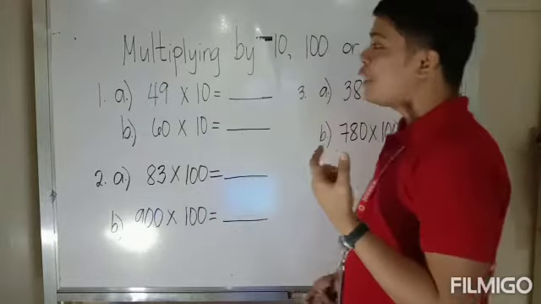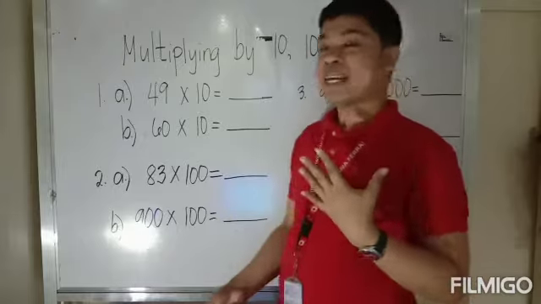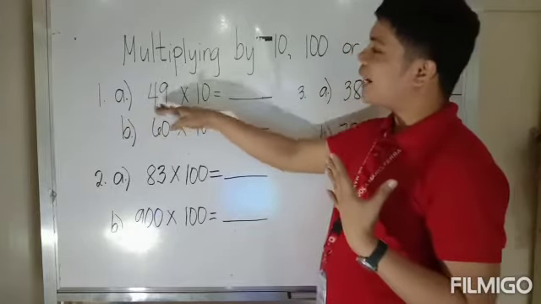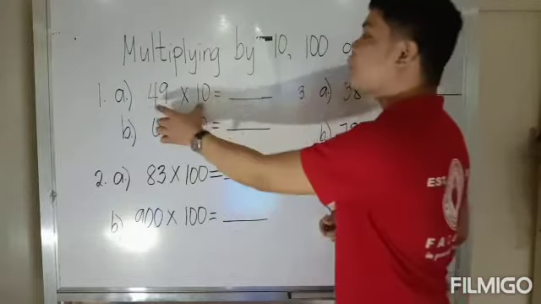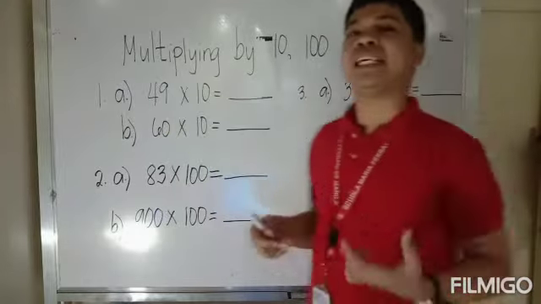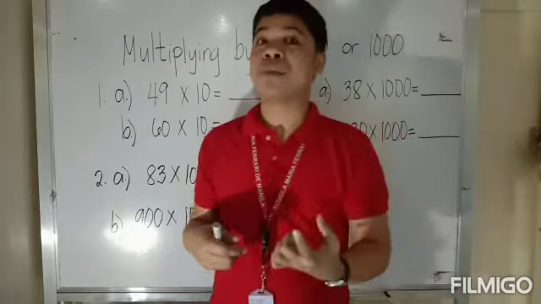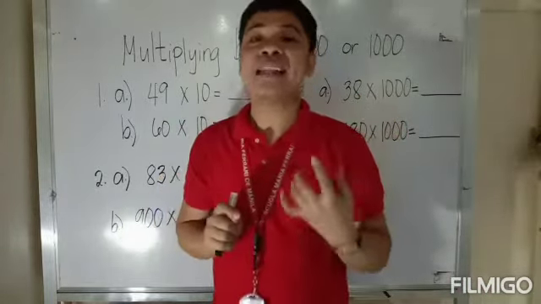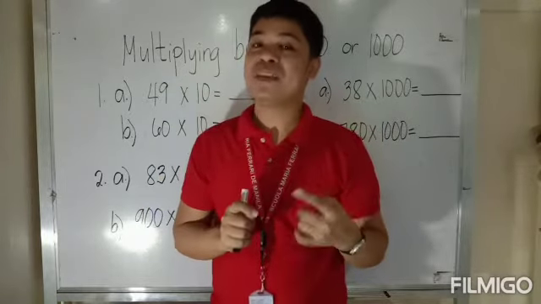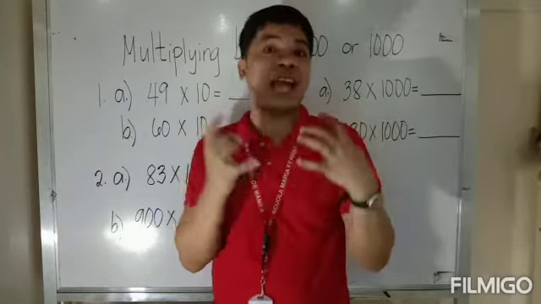Okay, so the first one that we'll solve is 49 times 10. We're going to find the product of these two numbers by applying the technique that I will teach you. The technique here, guys, is just to multiply the non-zero digits. Just use the cancellation technique.